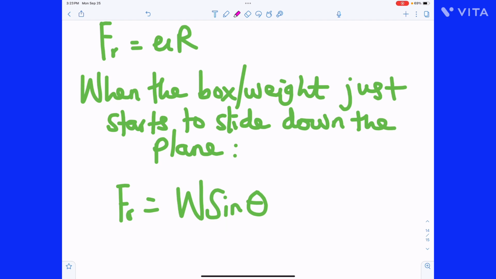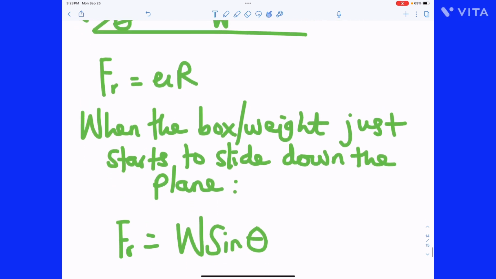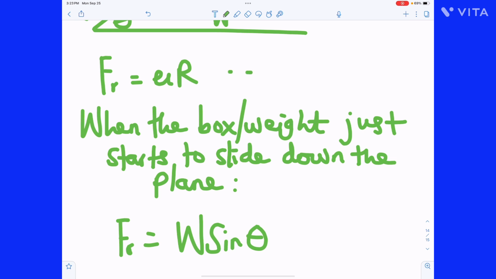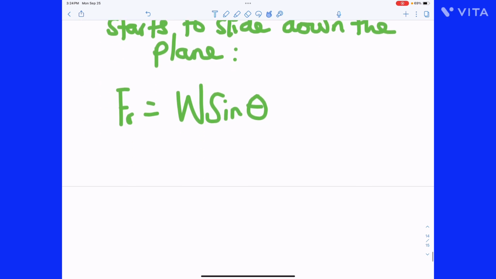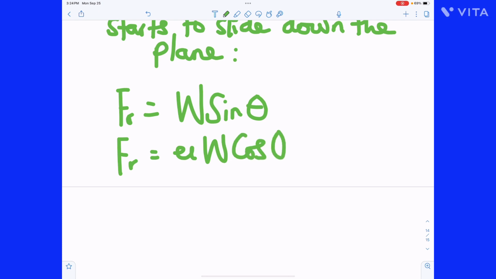So if we put these two together now, Fr is equal to mu R. Let me put it this way. We have written here that Fr, frictional force, is mu R. And we know that our R is W cos theta.